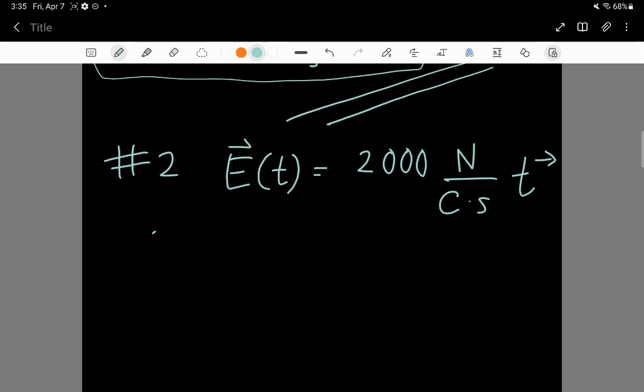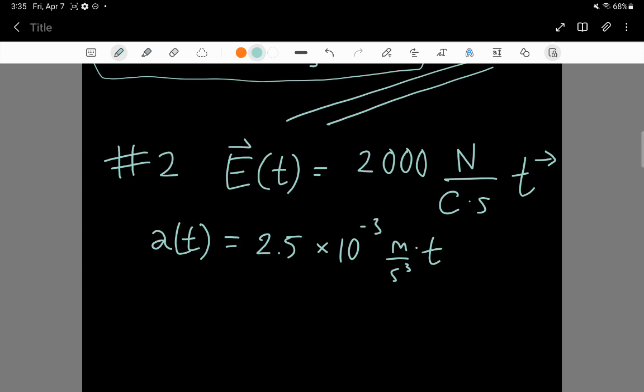So essentially, what the assignment asks you to do is determine the acceleration as a function of time. That's the first step, and you get that from Newton's second law. And the expression that you should get to is 2.5 times 10 to the minus 3 meters per second cubed times t.